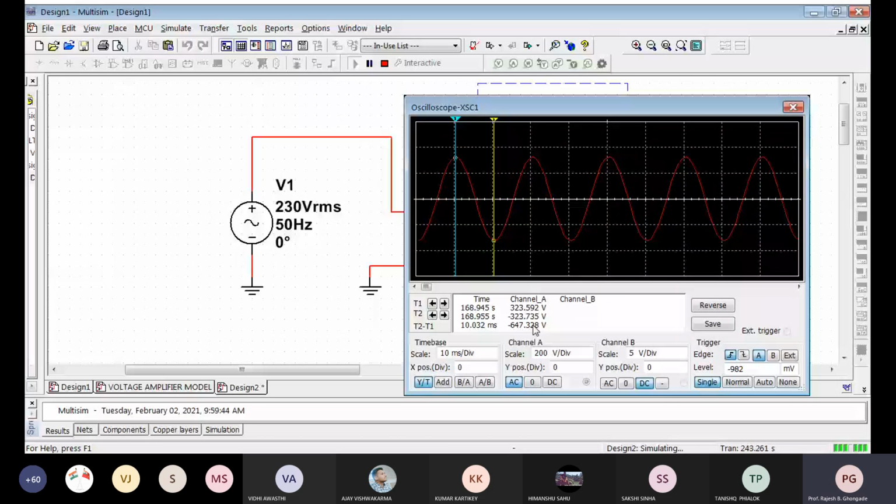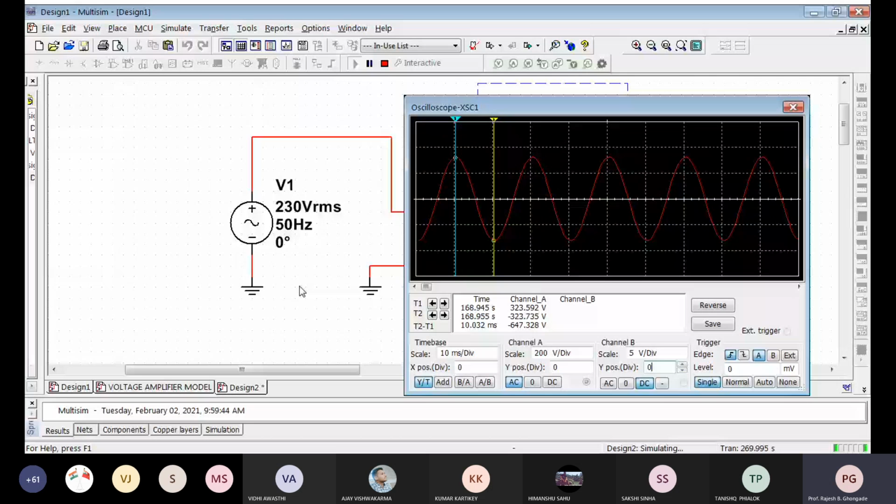So that tells us how to convert from RMS to peak and peak to peak. Many of you are really not aware of these things, so please make sure that you revise these concepts, because many times you will require this kind of conversion.